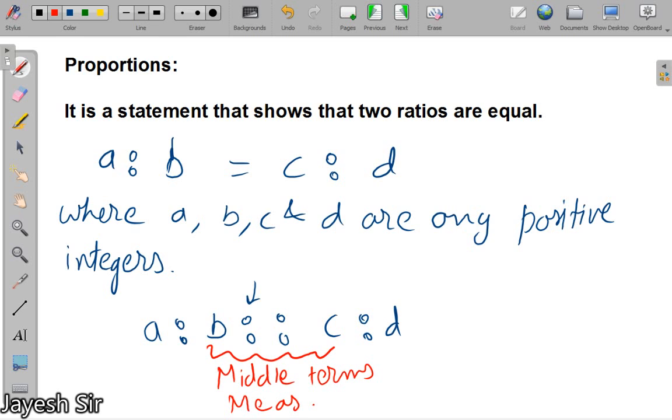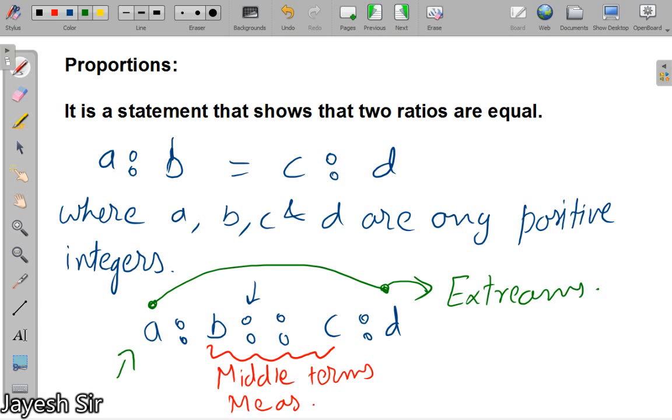And terms A and D are called extremes. Okay, and so on. This is the first proportional, this is the second proportional, this is the third proportional, and this is the fourth proportional.